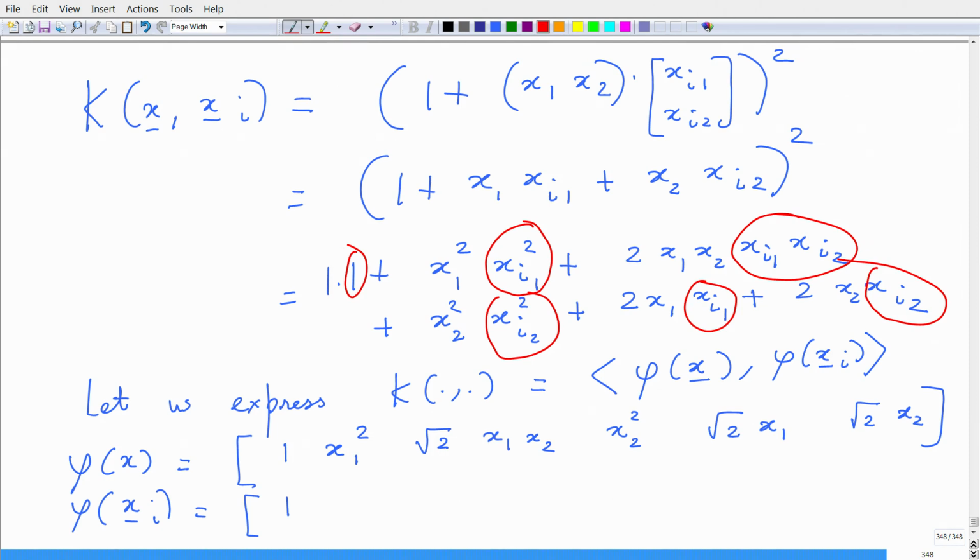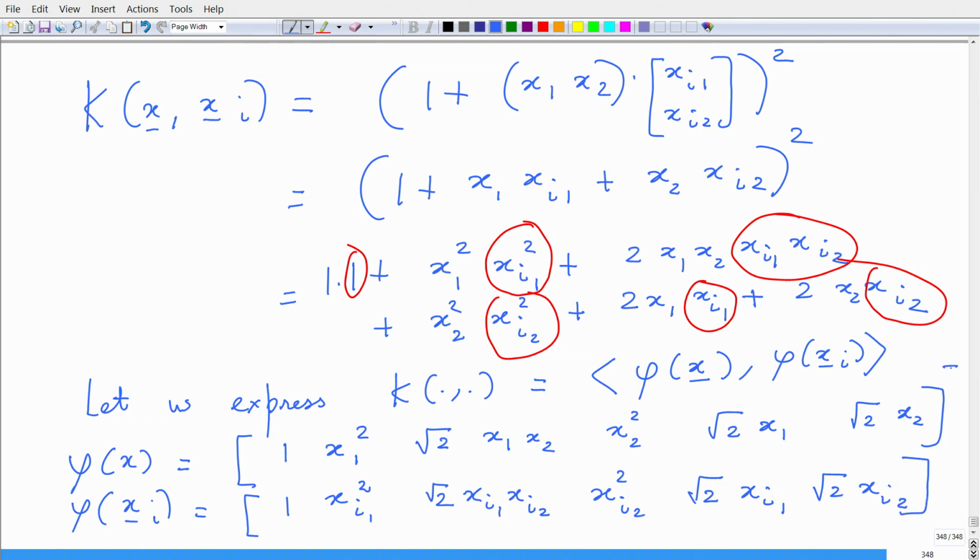So phi of xi is 1, xi1 square, root 2 xi1 xi2, xi2 square, root 2 xi1 and then root 2 xi2.